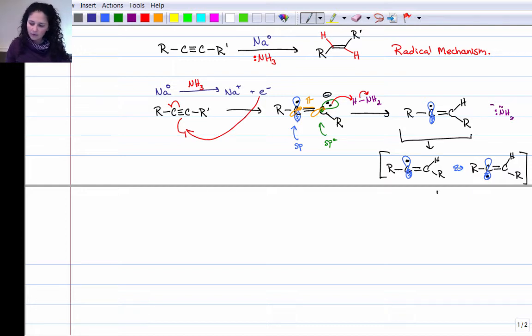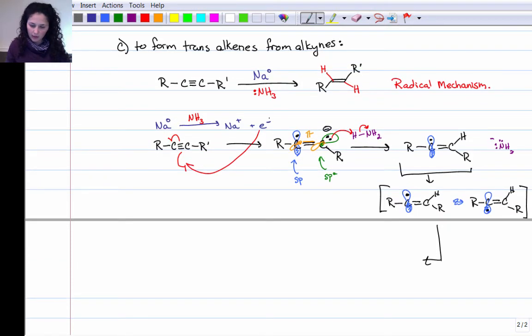The next step for this reaction is for another electron from ammonia, so from this first reaction that we saw up here, another electron that's dissolved in the solution attacks this radical species, and it does so to form the most stable product, and the most stable product is from the electron adding to this particular version of the radical.